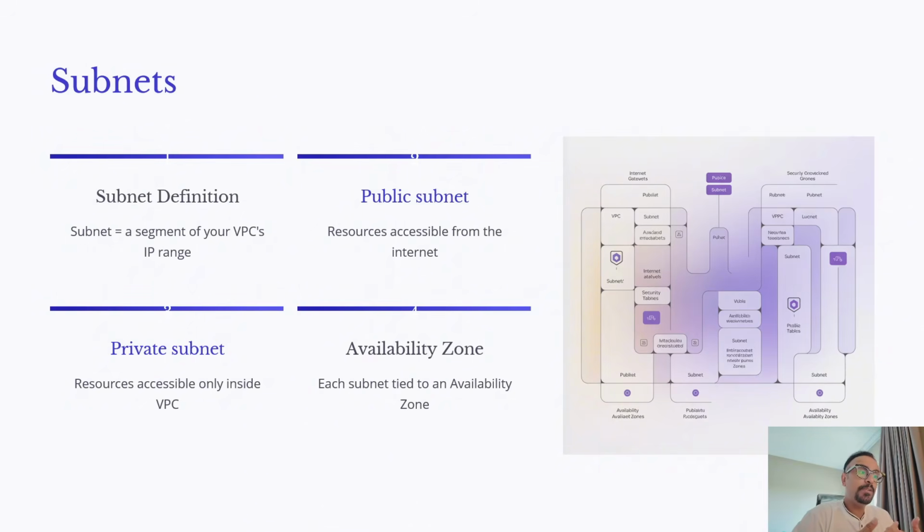The second one is the private subnet, for resources that should remain internal, like databases or application servers that don't need direct internet exposure. Each subnet is tied to an availability zone. This means your architecture can spread across multiple zones, improving fault tolerance and reliability. So subnets are how you divide your VPC into public and private areas, making your network both secure and efficient.